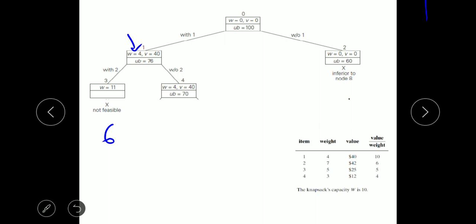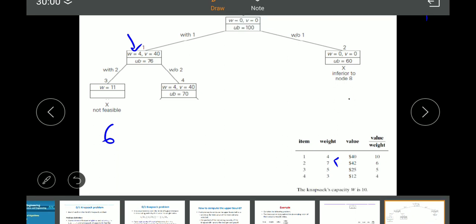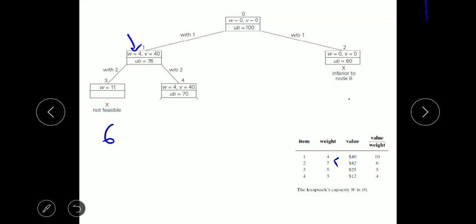As it is a 0/1 knapsack, you can either include the entire item or discard it. If I include the second item, its weight is 7, which is greater than the capacity of the knapsack. So the weight becomes 6 plus 7, equal to 13, therefore it's not feasible. We eliminate or terminate this node.